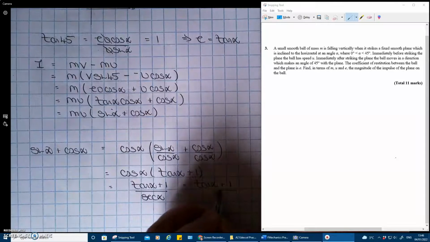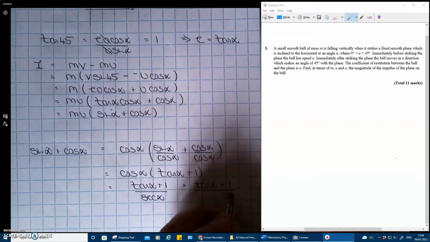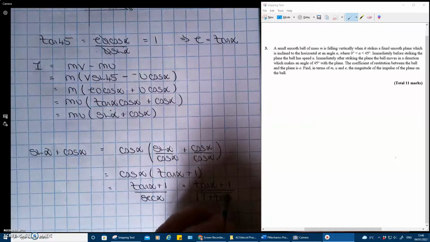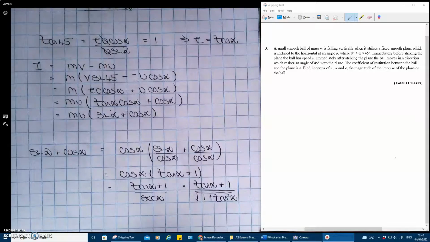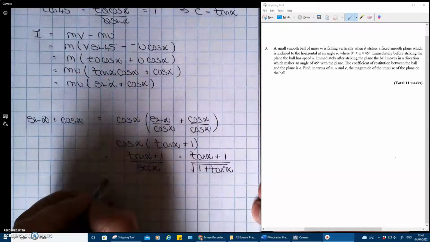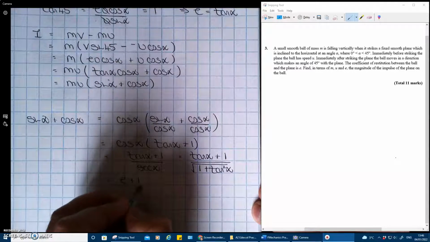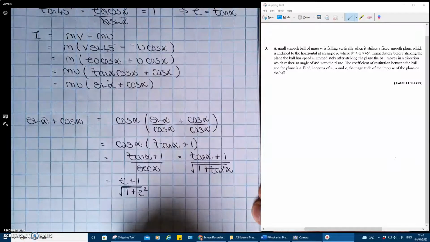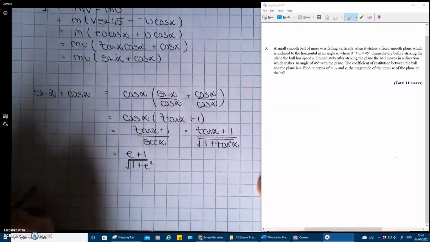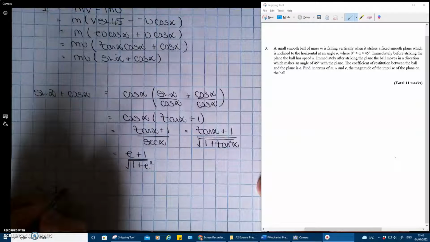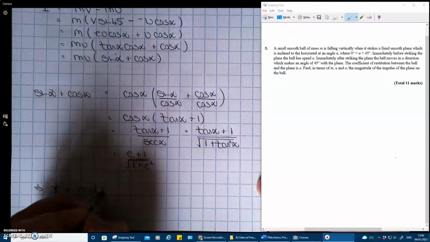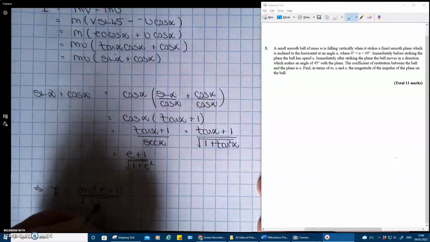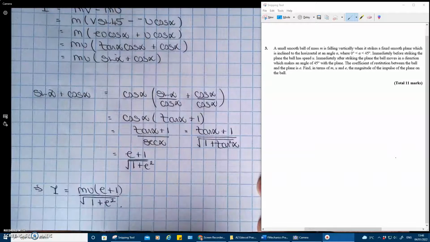Tan alpha plus 1, sec alpha is the square root of 1 plus tan squared. Okay, so therefore we get, after all this, E plus 1 over root 1 plus E squared. So finally, that implies the impulse equals mu times E plus 1 over root 1 plus E squared.